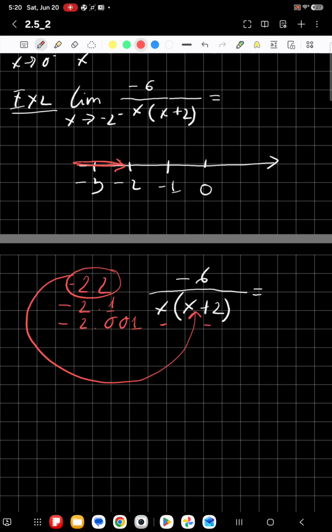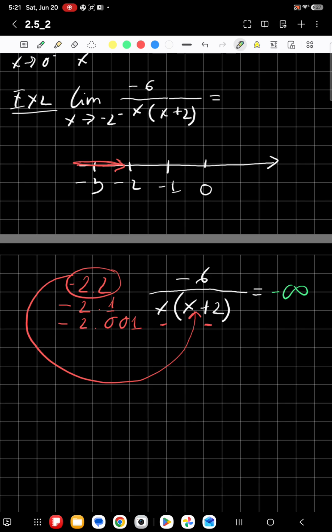Now I have negative times negative, that's positive. So I have eventually negative divided by positive, so the answer will be negative infinity. You see that I cannot plug in negative 2 for x, and I cannot simplify anything. So that is the answer.